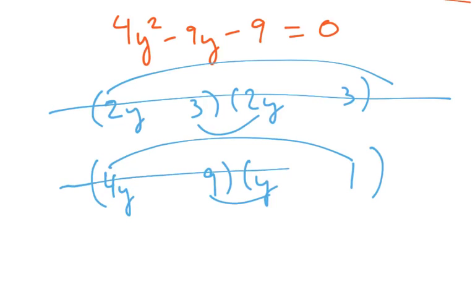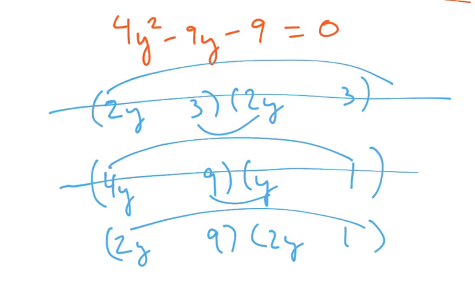So let me draw a line through that. And let me go back to 2y and 2y. And I didn't try 9 and 1. Well, that's not going to work, because if I do that, I'm going to get 2 and 18.